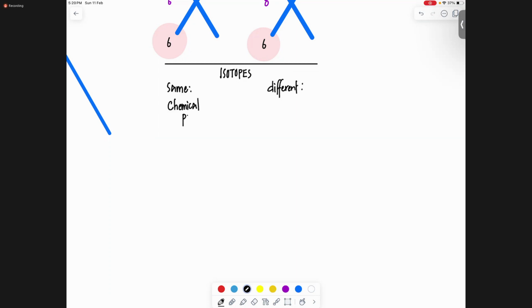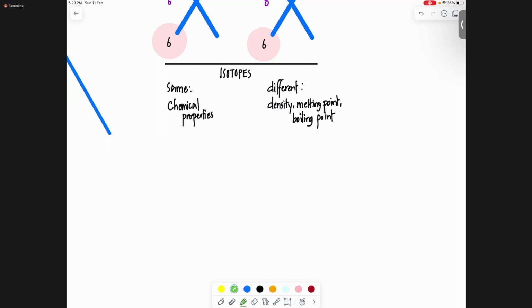If you look at their chemical properties, they're exactly the same. However, what's different about them? Physical properties. Mass is your choice, if you want to count it. So what differs is density, melting point, boiling point, conductivity; these are called physical attributes.